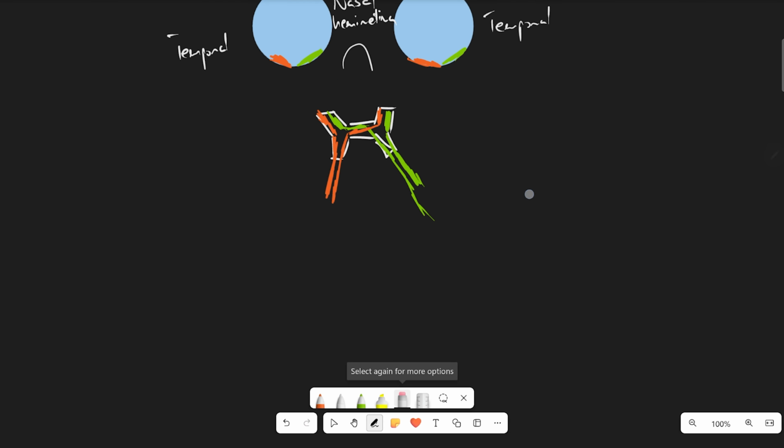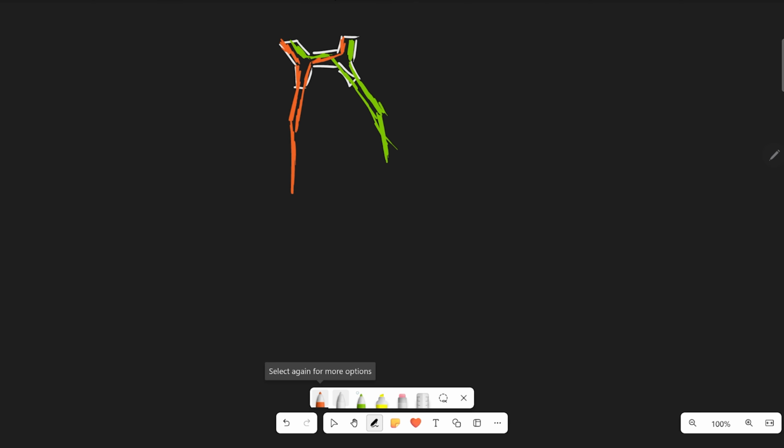In this one, these signals are then processed by the brain, by the visual cortex. And this arrangement is quite, I think, important because it preserves accurate spatial mapping. It allows binocular vision, and it protects vision.